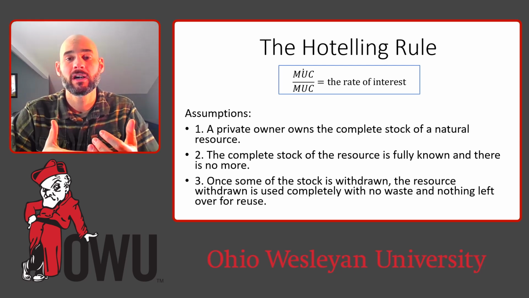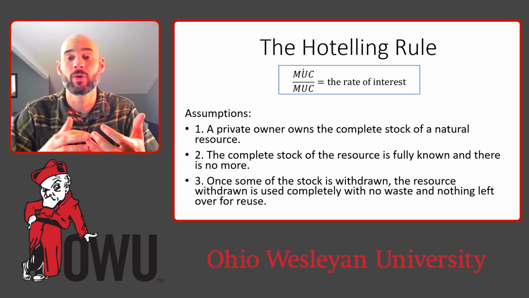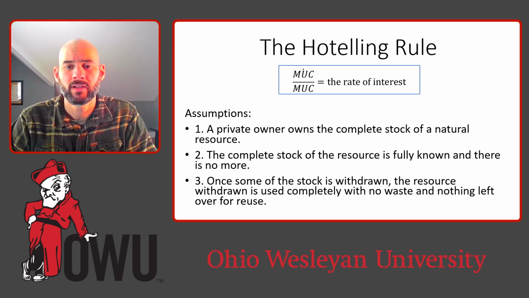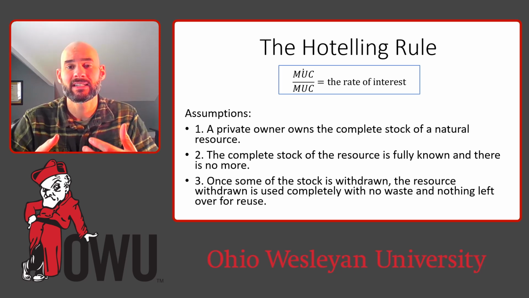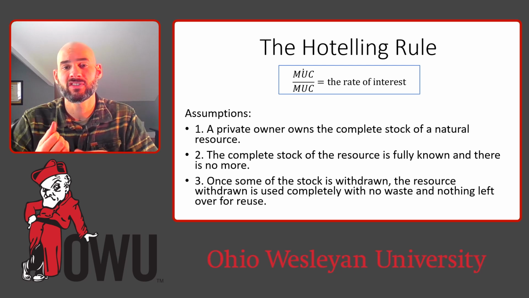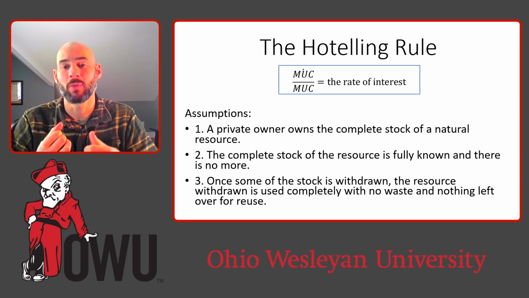So a more nuanced way of thinking about this is going to be using the Hotelling rule. So the Hotelling rule is going to state that our optimal extraction path of a non-renewable or depletable resource is going to be such that we extract so that the rate of change of the marginal user cost of that resource divided by the marginal user cost of that resource at any point in time is equal to the rate of interest.